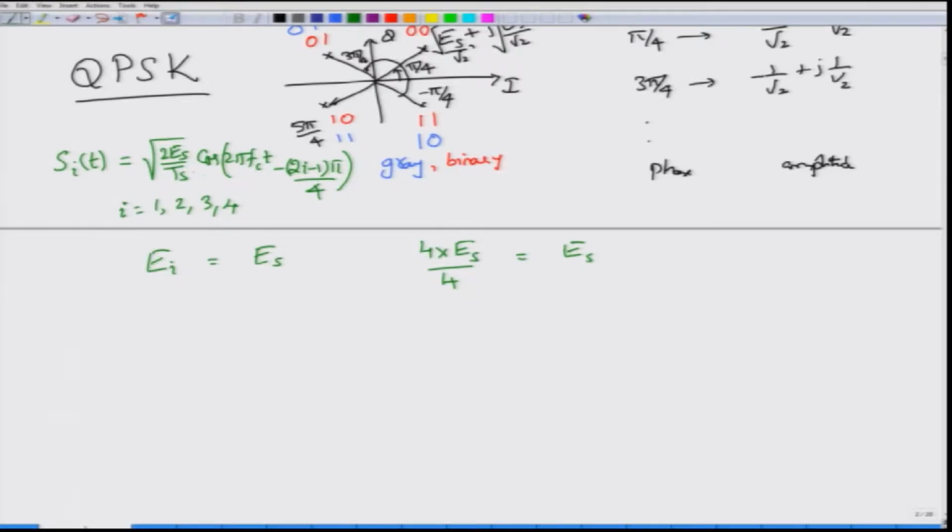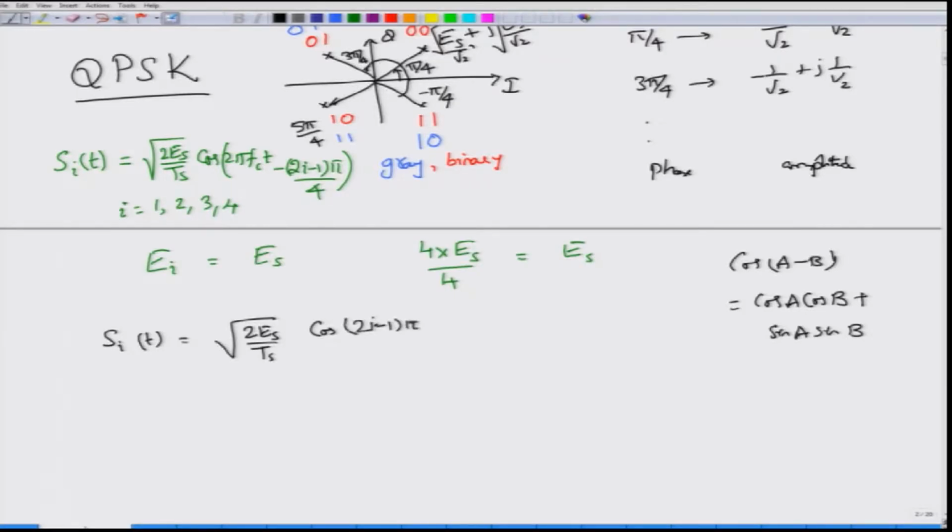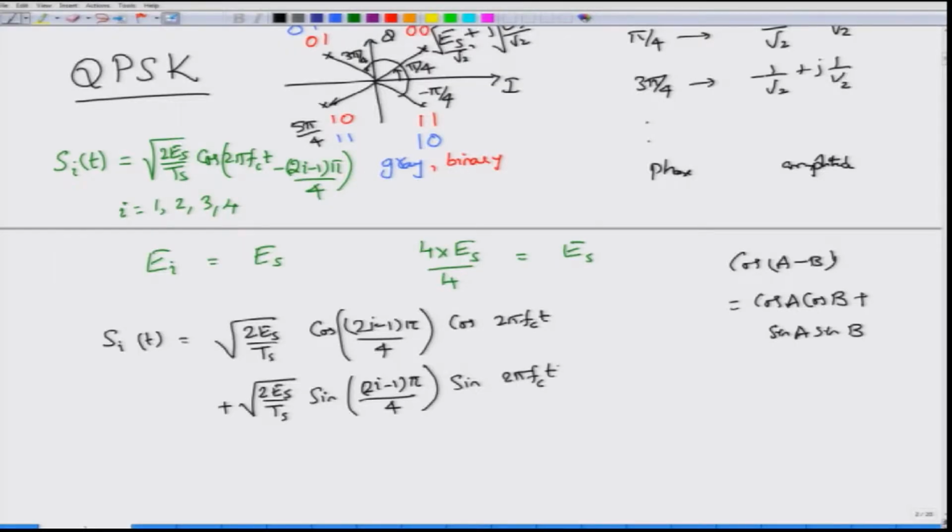So, if you look at the expression for Si of t and invoke the formula cos A minus B, which is given by cos A cos B plus sin A sin B, and apply that directly to this expression of Si of t, you can write the ith waveform as square root of 2 Es by Ts cos (2I minus 1) pi by 4 times cos 2 pi Fct plus square root of 2 Es by Ts sin (2I minus 1) pi by 4 sin 2 pi Fct. Is that okay?